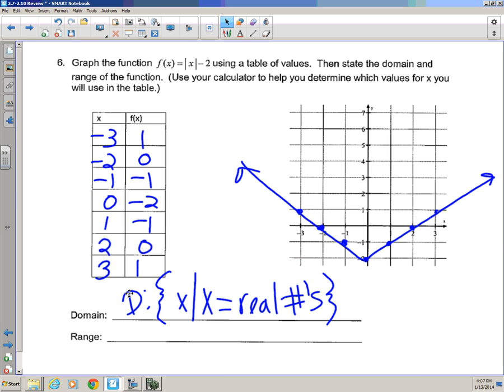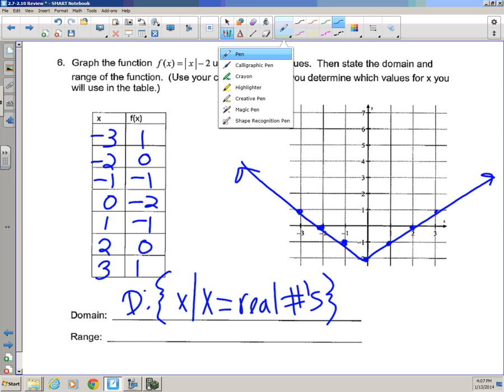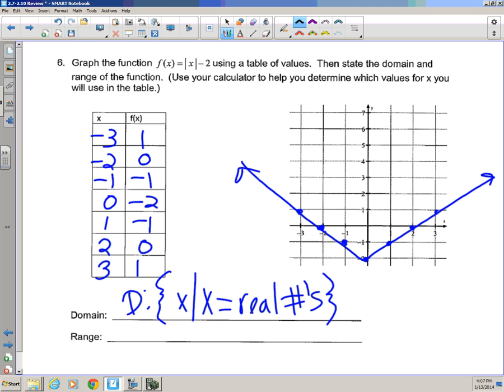The range actually is restricted, because if you look at this particular graph, even if you look at the table of values, I'm trying to get a highlighter up here. So this is the lowest possible y value. The graph shoots everywhere up from that bottom point. This vertex, this point right here, happens to be a minimum value.